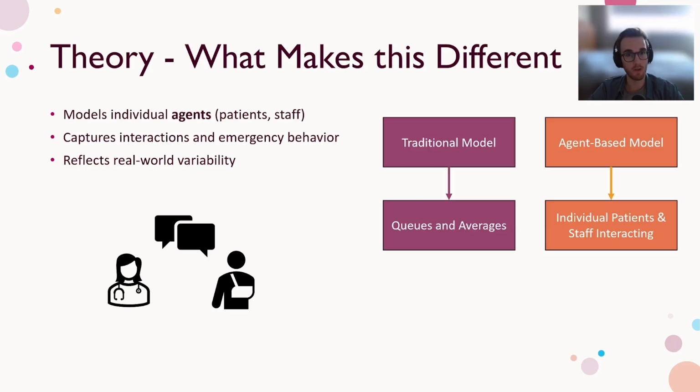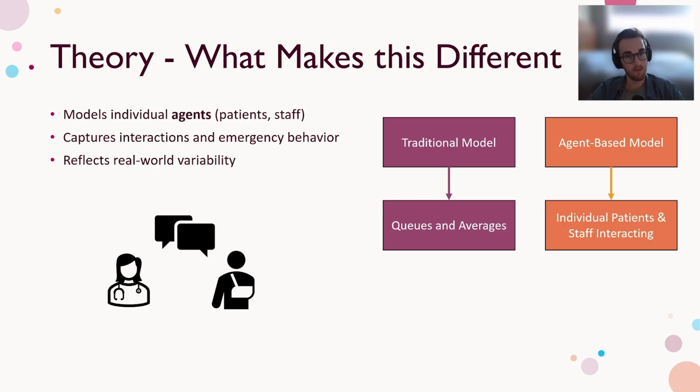Agent-based modeling has become an increasingly popular technique for studying complex systems from traffic management to disease spread because it focuses on individual entities and their interactions. In a healthcare context, this means that instead of modeling patients as identical units in a queue, each patient can be represented as a unique agent with attributes like severity, arrival time, and responsiveness to treatment.